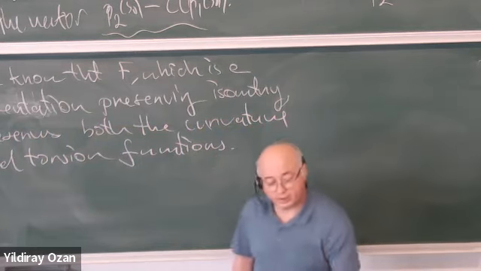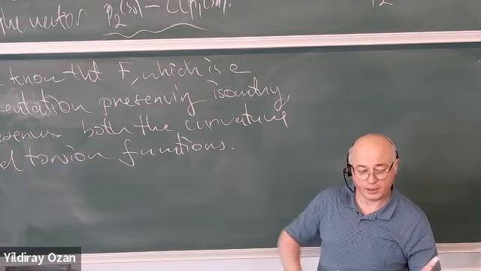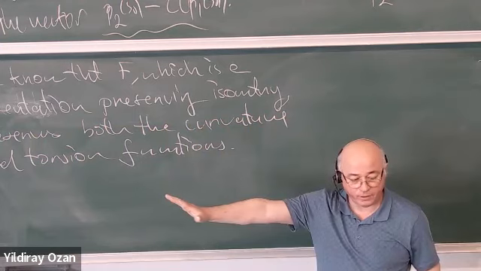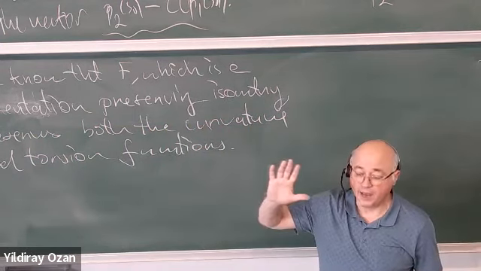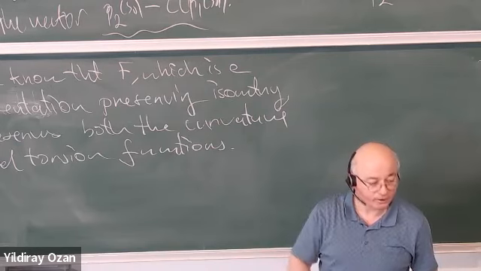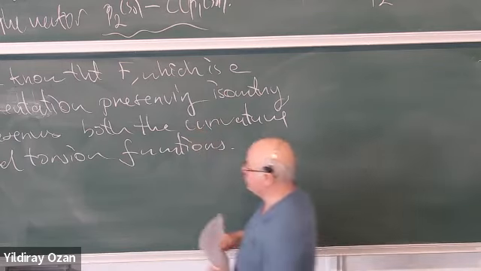Beta 1 and beta 2 had the same torsion and curvature functions. I moved beta 1 via F. Beta 1 has changed, but its torsion and curvature functions didn't change, okay? Because F preserves those functions.